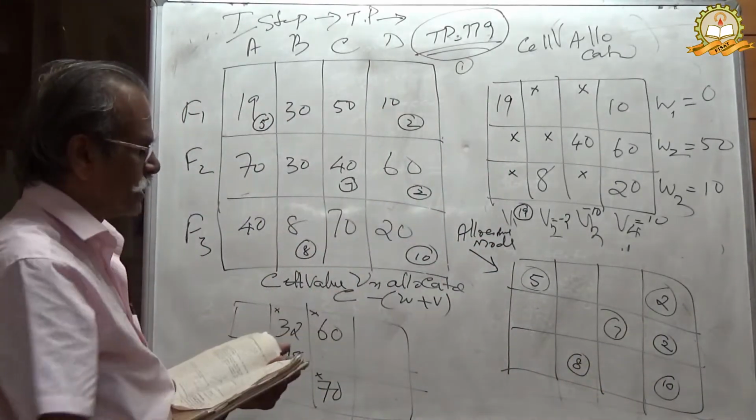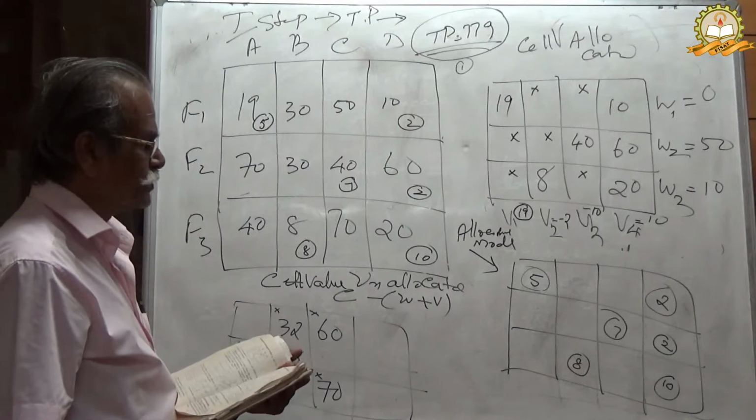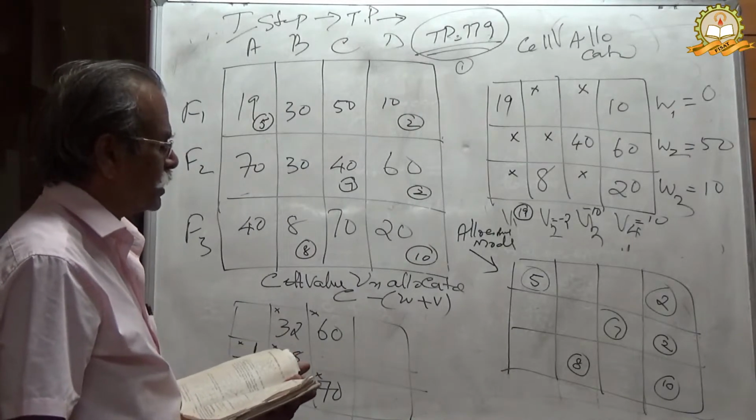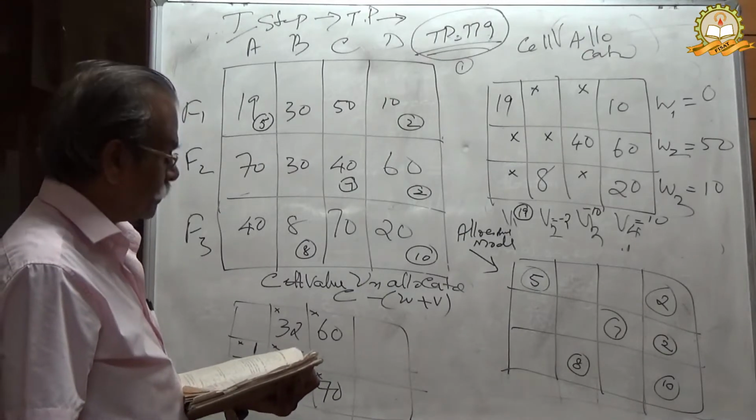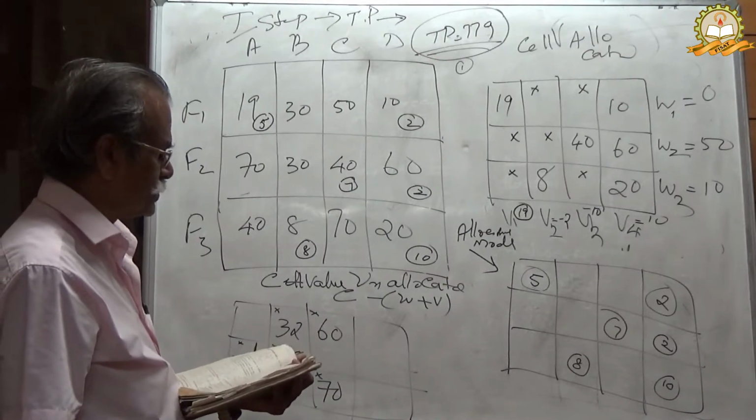Cell value is different. Therefore, solving this procedure, you write the revised matrix with allocations made in the cell values.